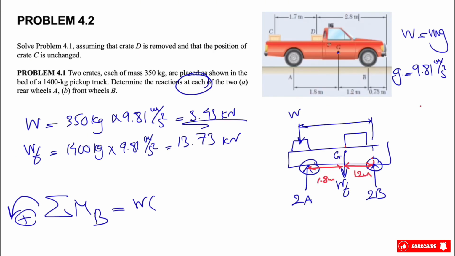To find that, we already know the distance from the front to the end of the truck, which is crate C. So we have 1.7 plus 2.8, and to find the distance from B to here, we just need to subtract 0.75.